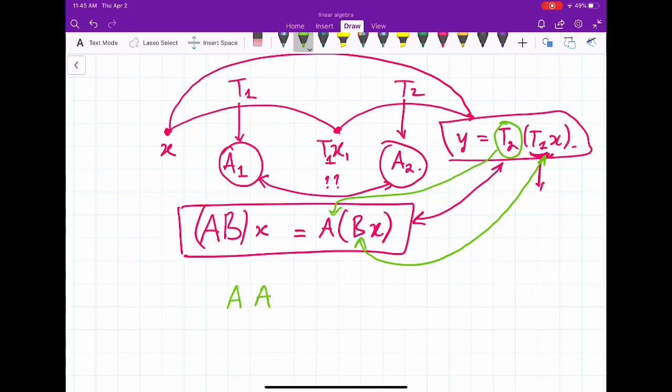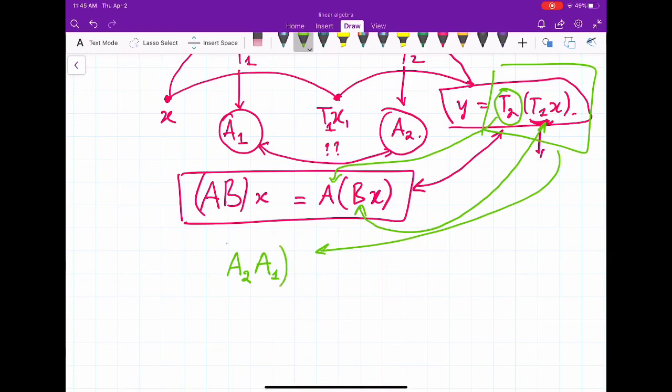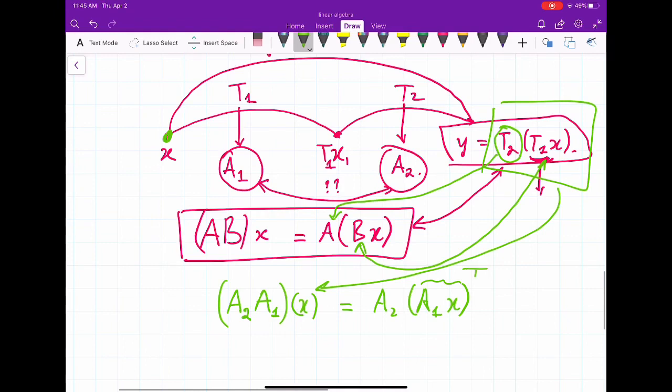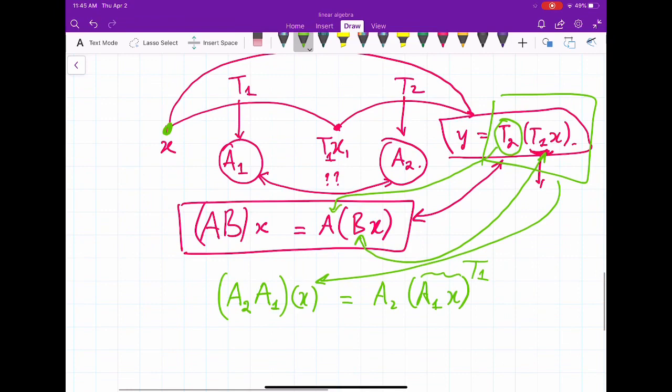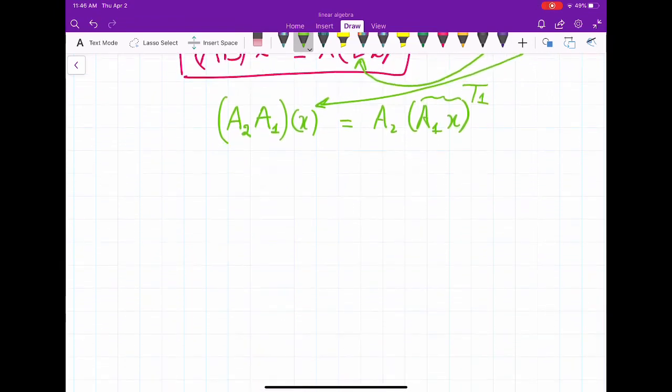But which one is the first? You would have T1 in here, so that is A1, and you have A2 right here. Make sense? So that is associated to this formula. When you have an x in here, you will apply A2 to A1x. That is T1. Make sense?